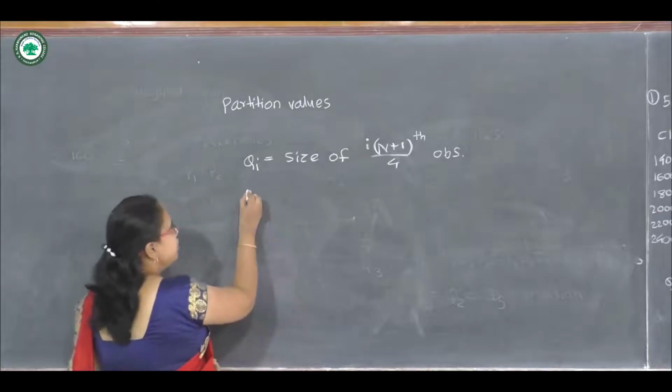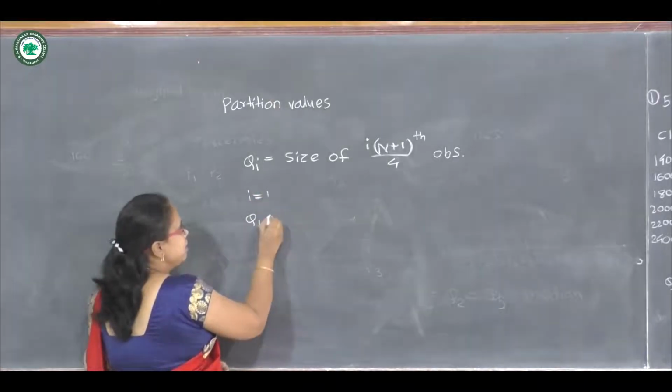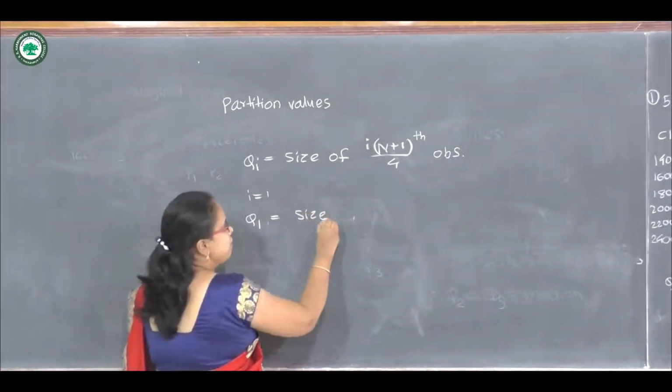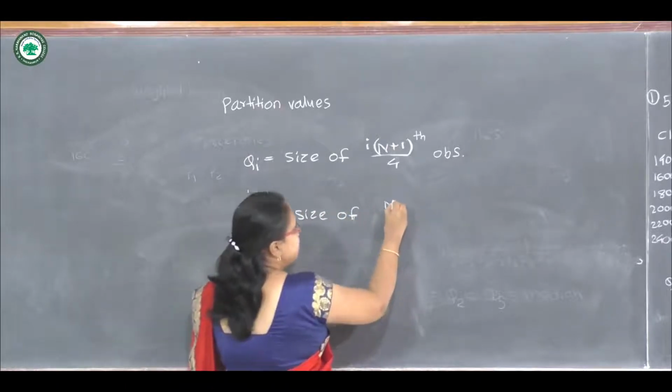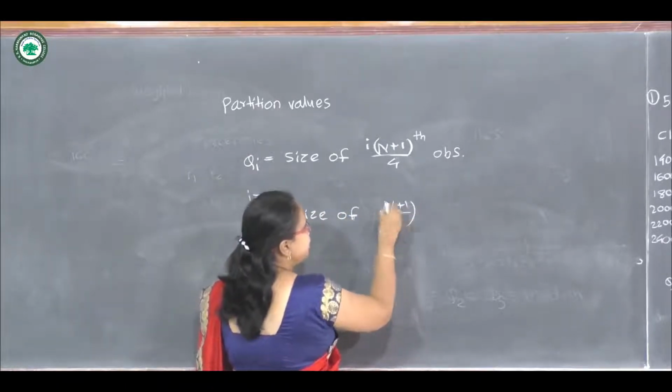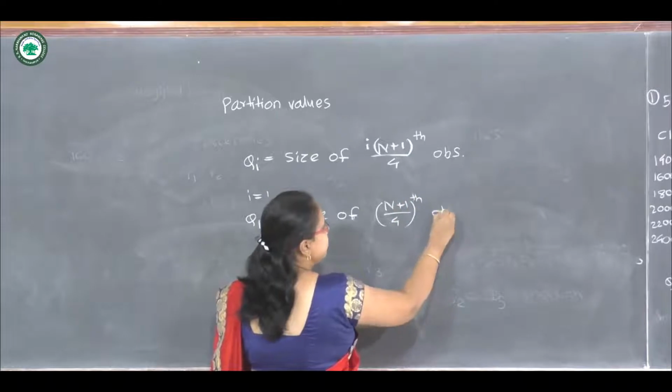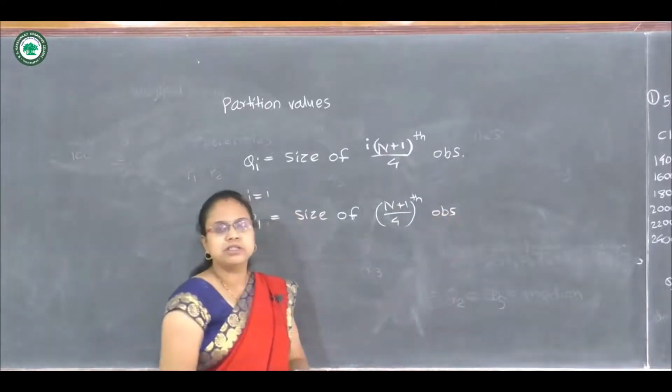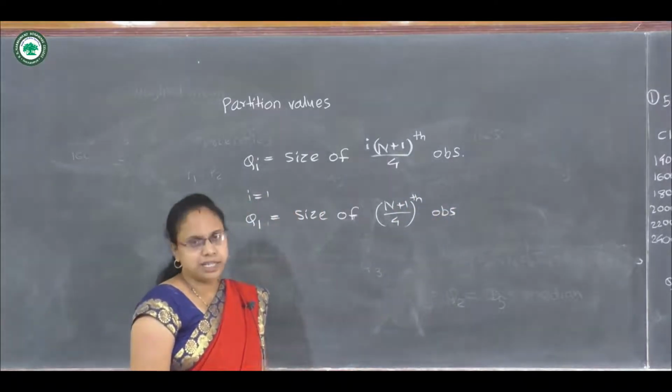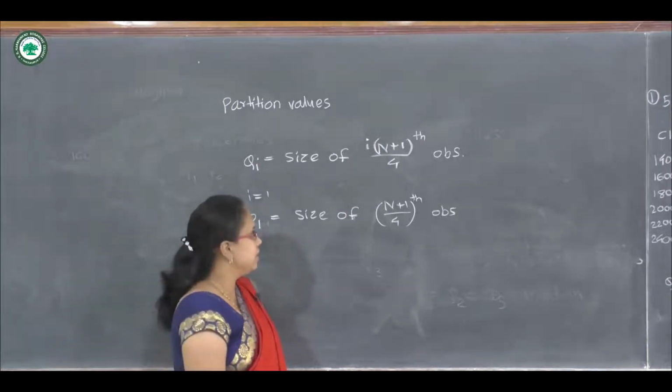If i equals 1, then Q1 will be the size of n plus 1 upon 4th observation when the observations are arranged in increasing or ascending order.